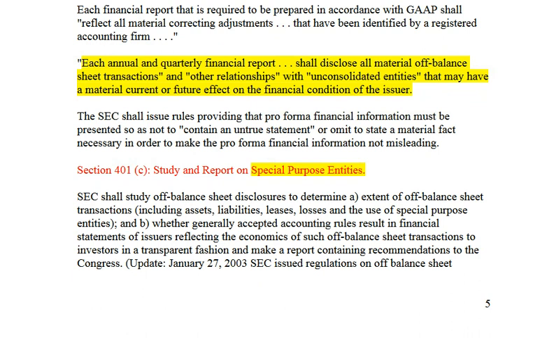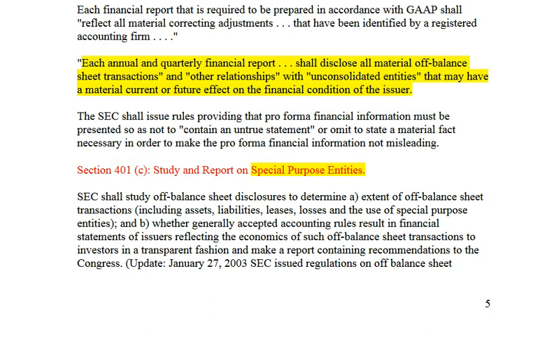Each annual and quarterly financial report shall disclose all material off-balance sheet transactions and other relationships with unconsolidated entities that may have a material current or future effect on the financial condition of the issuer.